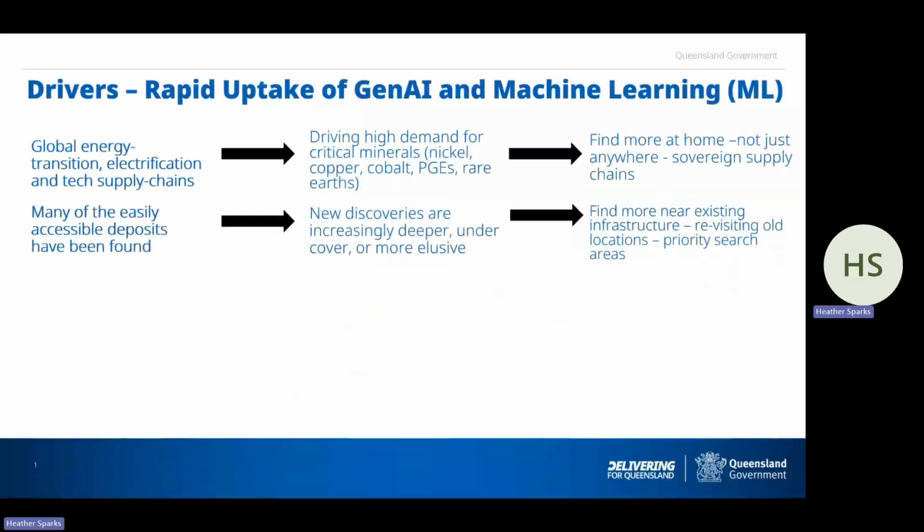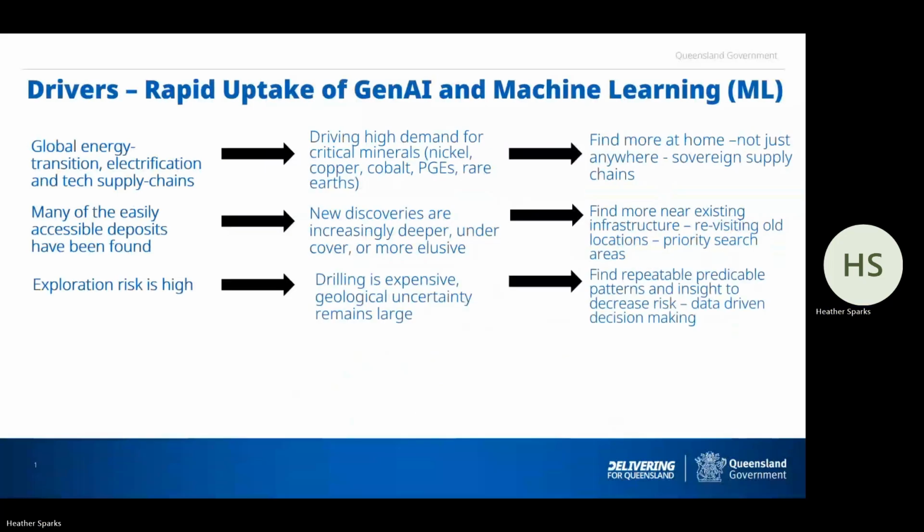In addition to this, geology is not the only starting point. Finding critical minerals near existing infrastructure clearly has huge benefits. For example, looking at legacy sites with a new lens is a real draw card for explorers. And finding repeatable patterns in our data to reduce risk has never been more important for investors.